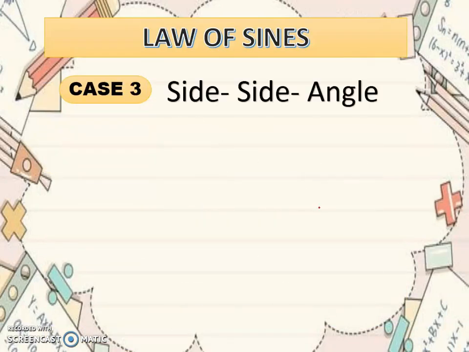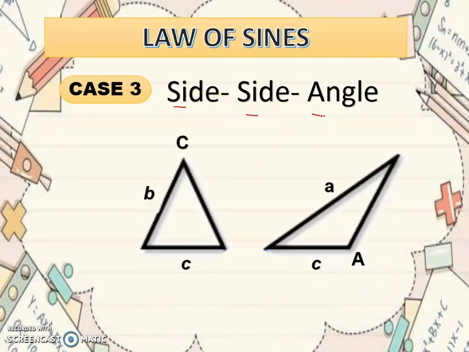For case 3, class, the given is side, side, angle. So given 2 sides and 1 angle opposite either of the 2 sides. For this illustration, we can see that the given is side B and side C, and one opposite angle, and that angle is opposite side C. While on the other triangle, you can see given 2 sides and one opposite angle.